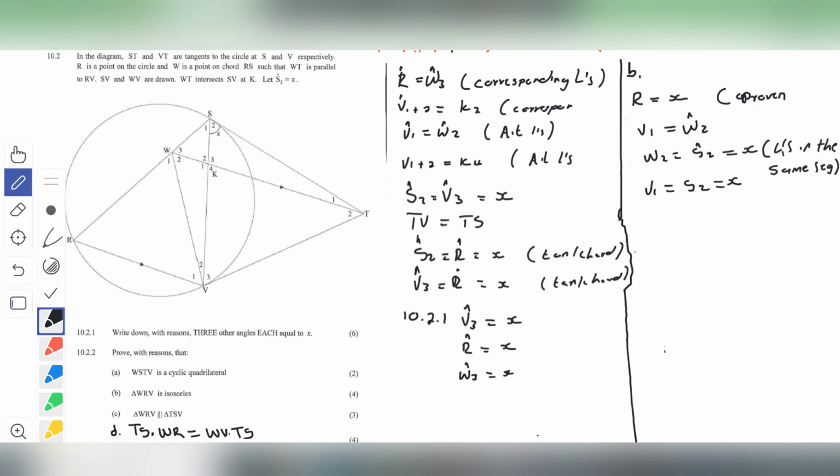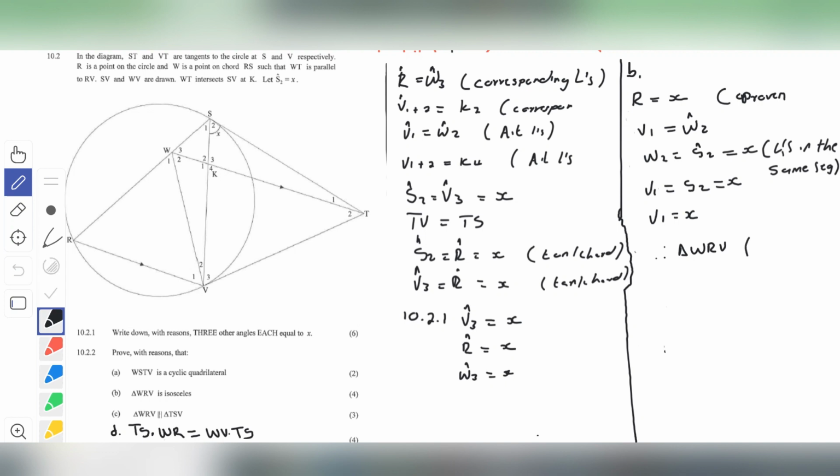So now, because we know that our V1 is equal to X and our R is equal to X, we can conclude that triangle WRV is an isosceles triangle.